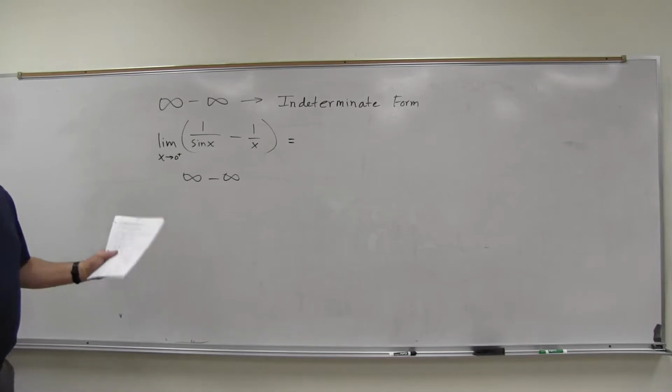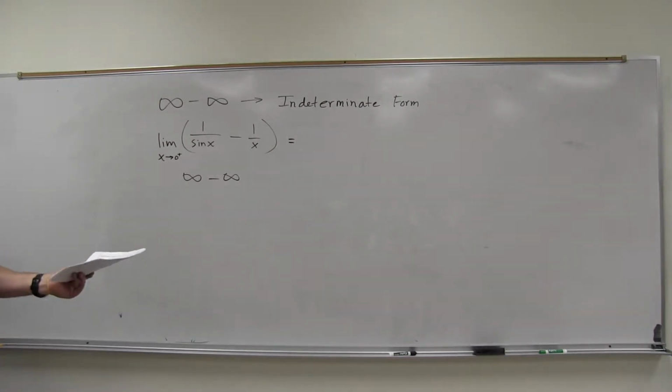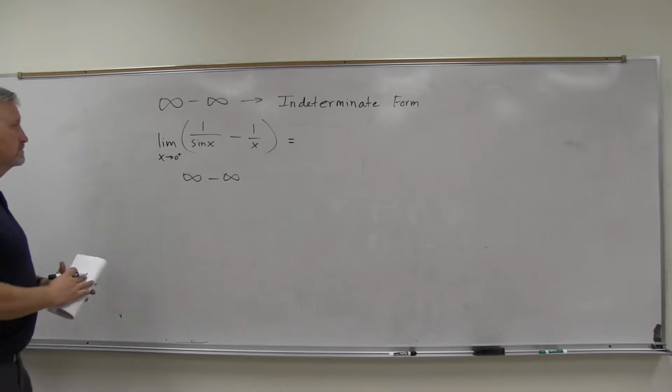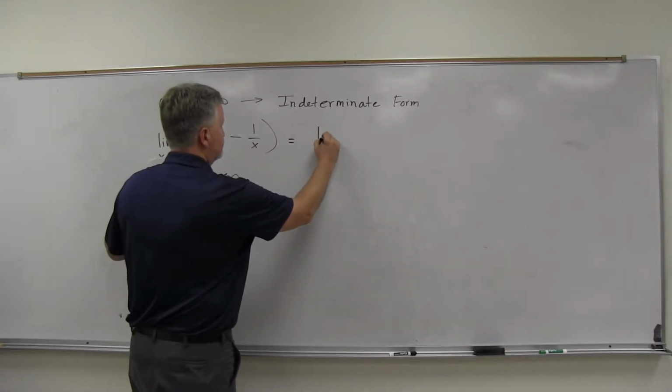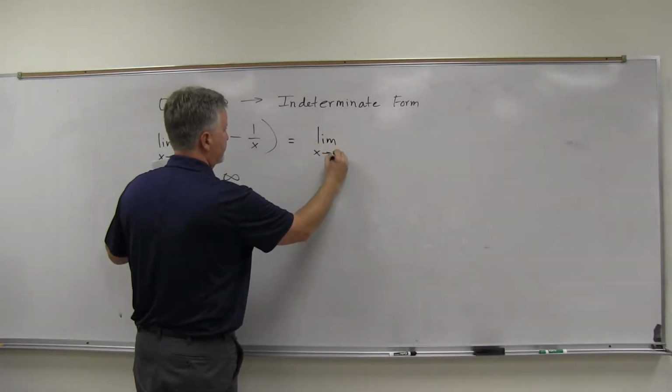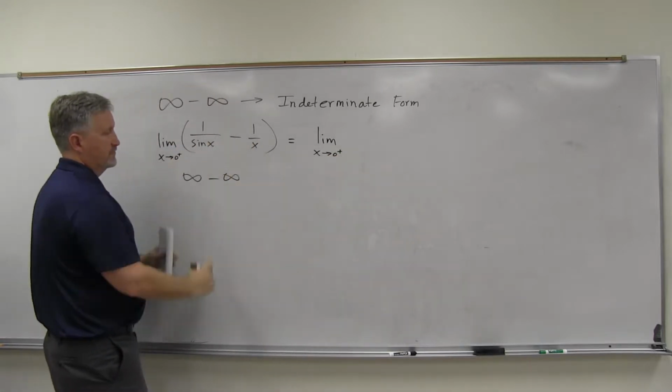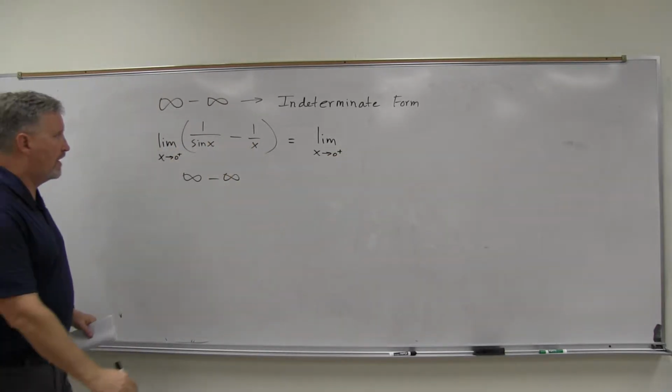What do we do? Well, if we've got one like this where we have fractions, the good news is try combining the fractions into one expression. In other words, get a common denominator.